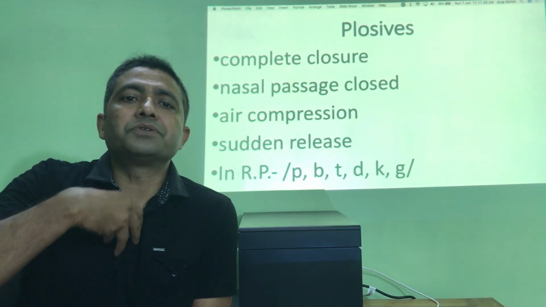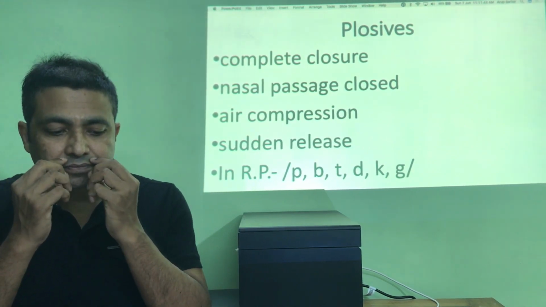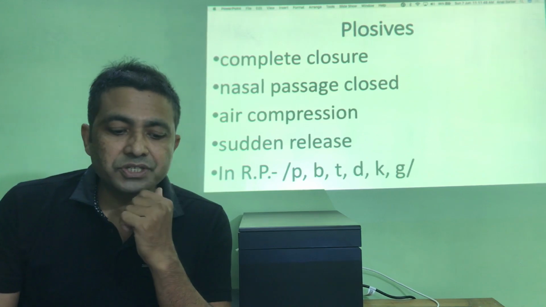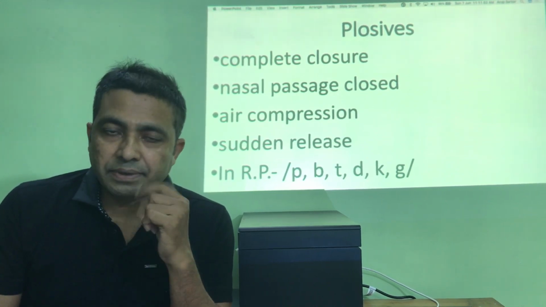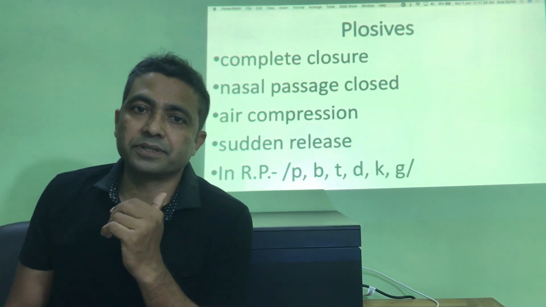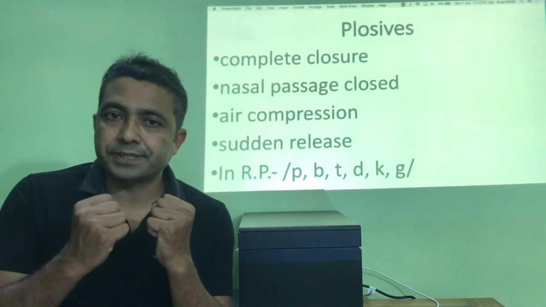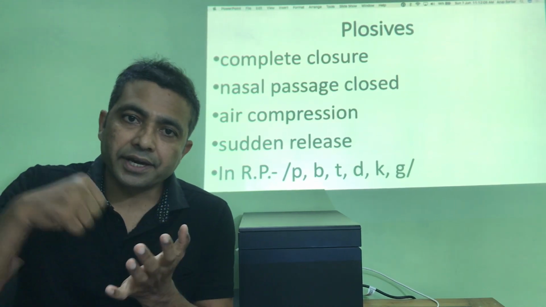Air is coming out from the lungs and the obstruction is made either in the lips or in the teeth ridge or in the back of the hard palate or soft palate, by the back of the tongue, and they are totally blocked by these 2 articulators, totally blocked, and air is compressed.